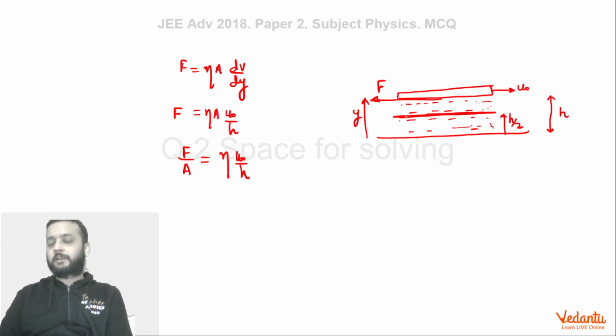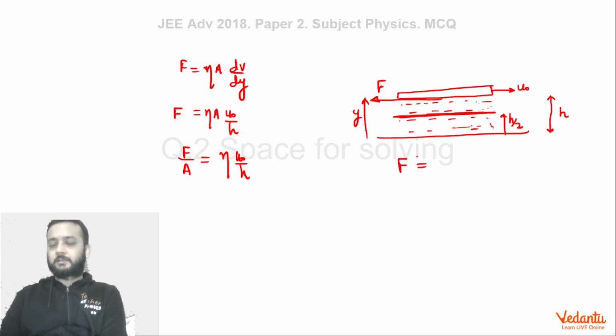What I'm trying to find is the resistive force between the two layers of liquid at a height of h by 2. You can think that one layer is at a height of h by 2 and one is slightly above that, at a dh height above. So again, what are you going to write?